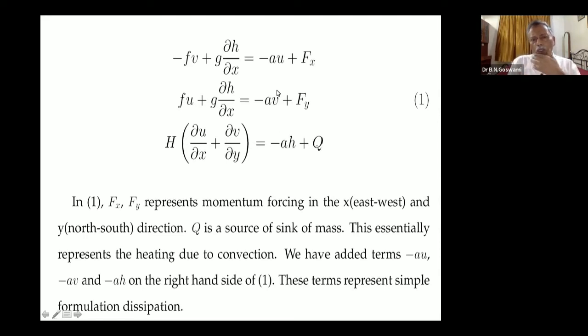This Rayleigh friction comes essentially from the shear of the winds at the surface and the upper levels, and the shear produces instability. That instability produces this turbulent diffusion.